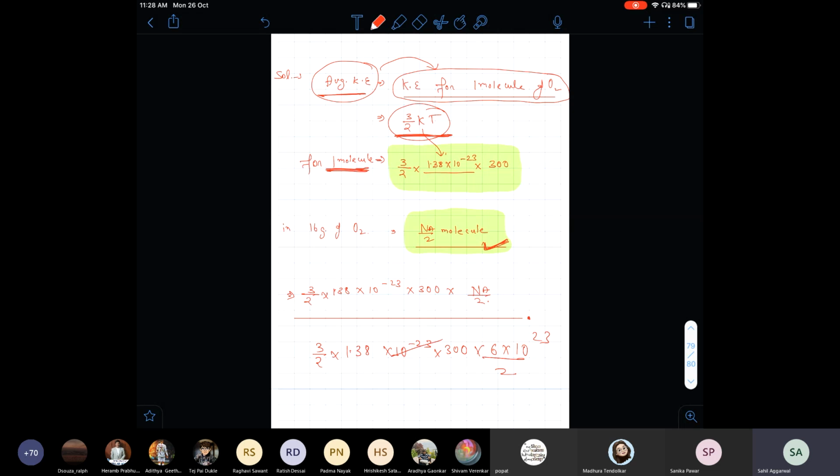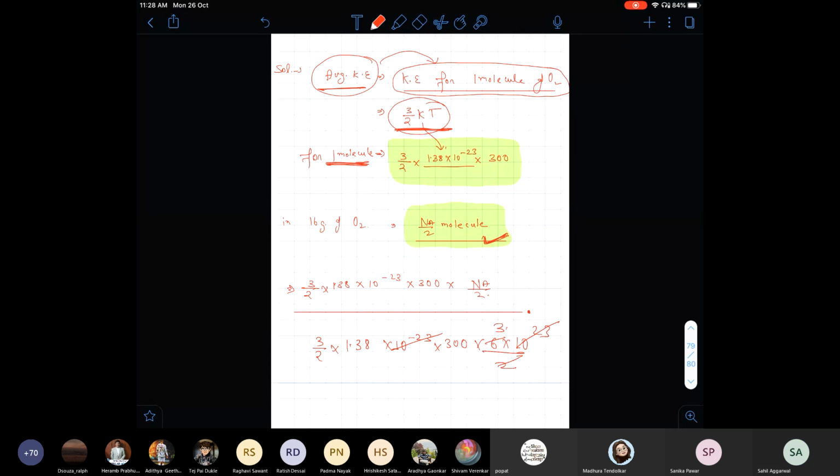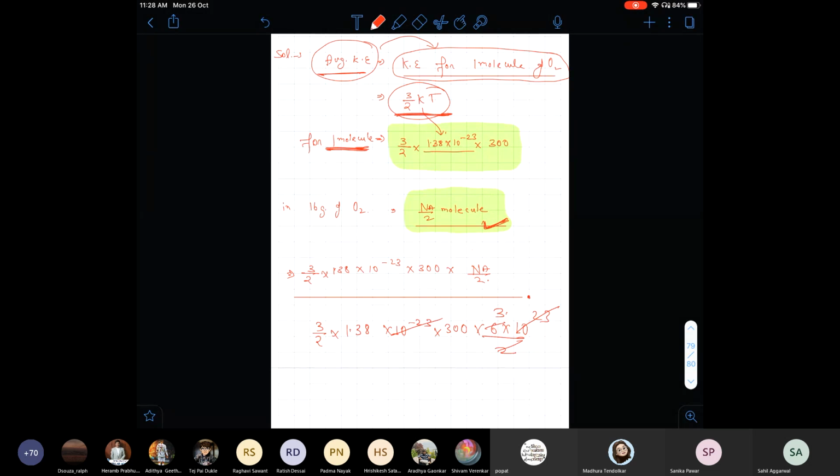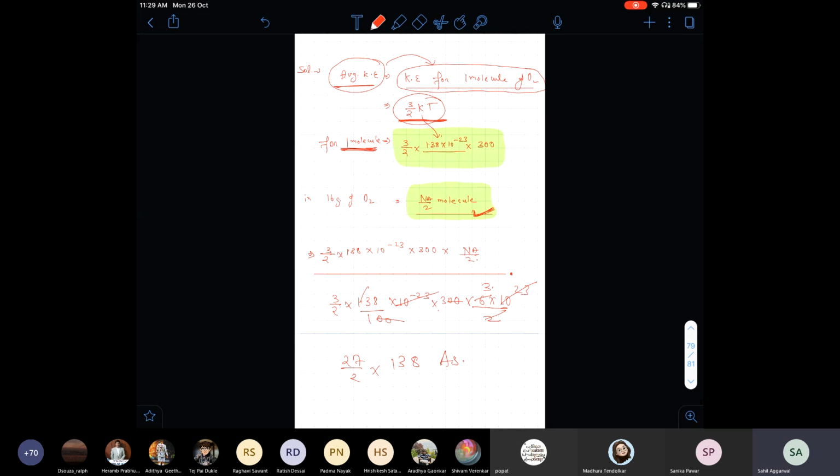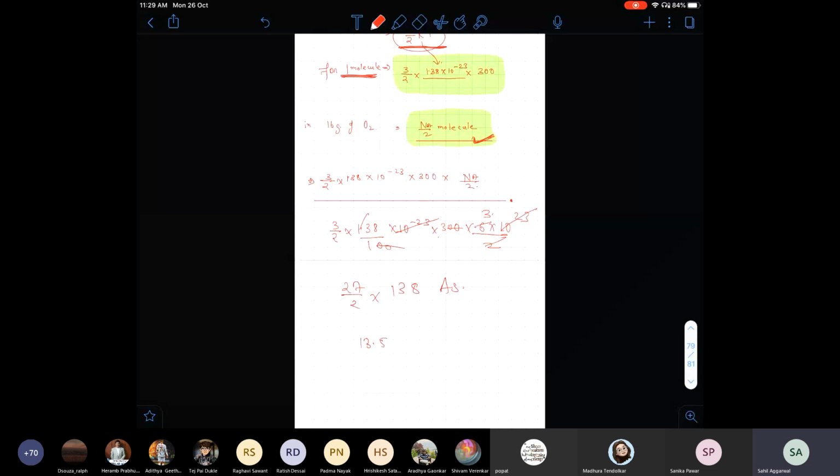That should cancel out. So 3 9 18 27. Solve this. 27/2 into 138, that will be your answer. Okay, so 13.5 into 138.